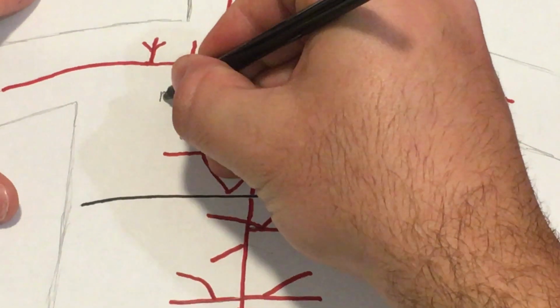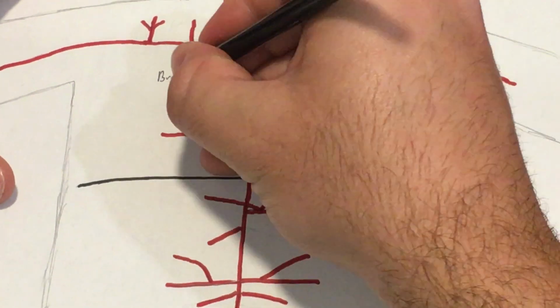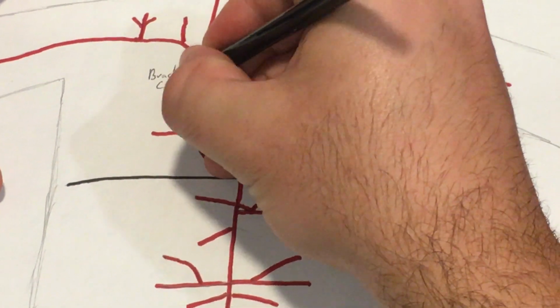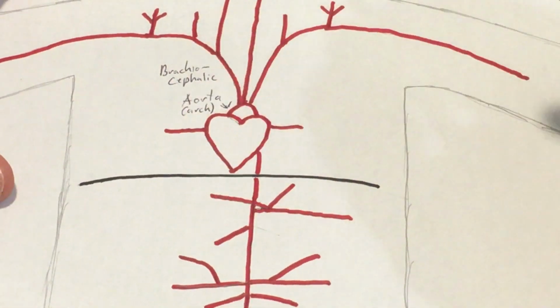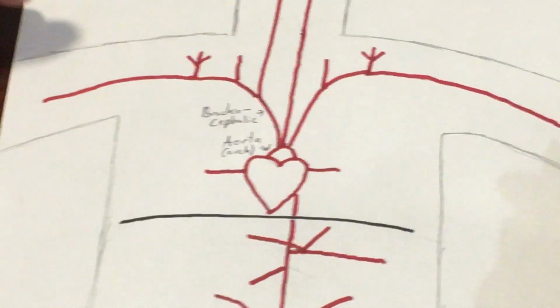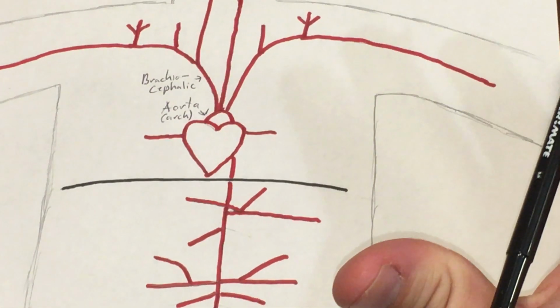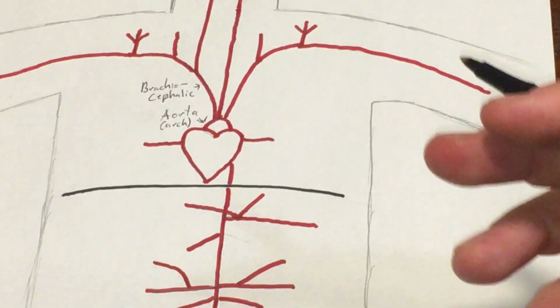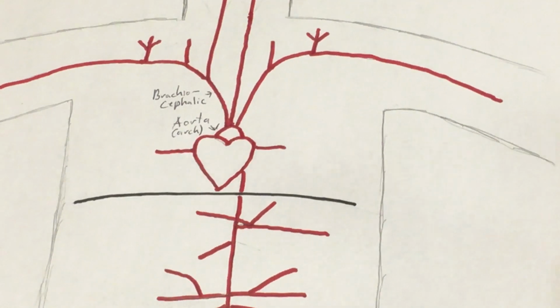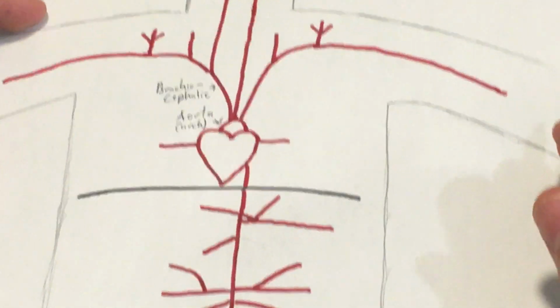One is the brachiocephalic artery or trunk. There's only one of them. Unlike with the veins, with the left and right brachiocephalic vein, the arteries, there's only one, so you can just say trunk. But just know that for the arteries, it's not mirrored on either side.